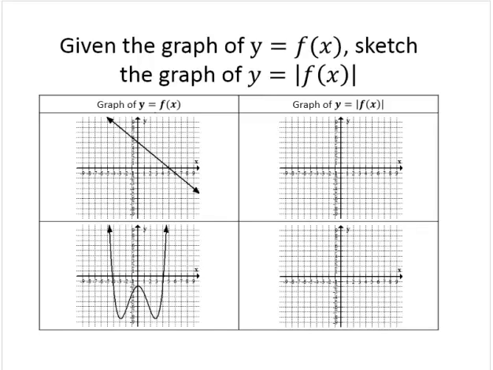So if we consider this graph of a line, and now if we want to graph y equals the absolute value of that line, that linear function, the part that is above the x-axis will stay where it is.